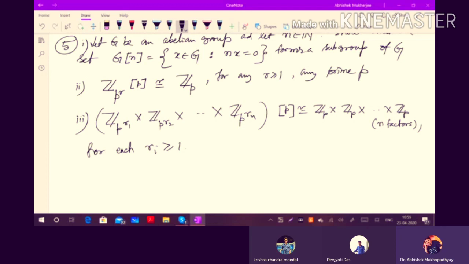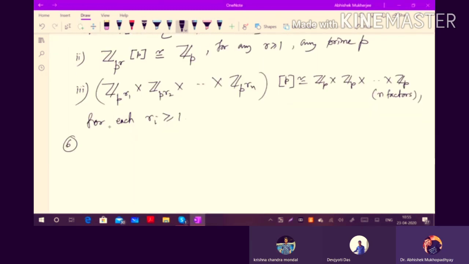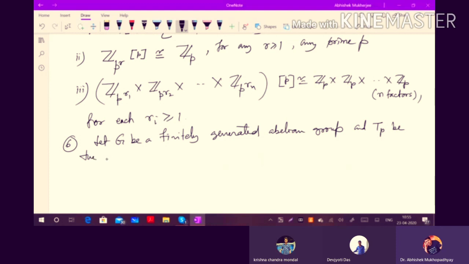And the last problem: let G be a finitely generated abelian group and Tp be the subgroup defined above. Now suppose Tp has two representations.